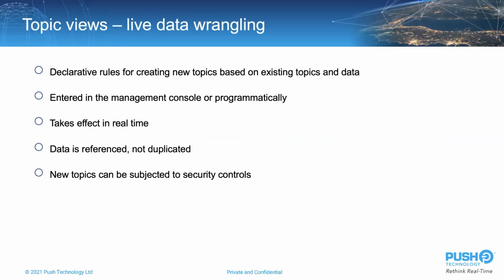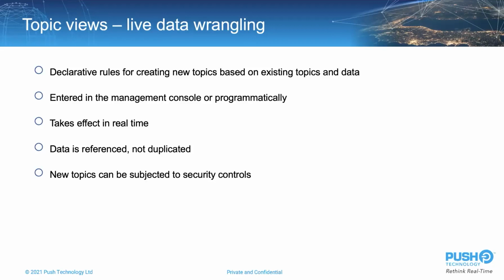When we talk about data wrangling, ultimately we're talking about Diffusion's ability to use what are called topic views. Topic views are essentially declarative rules for creating new views of the data based upon what is being input into Diffusion.